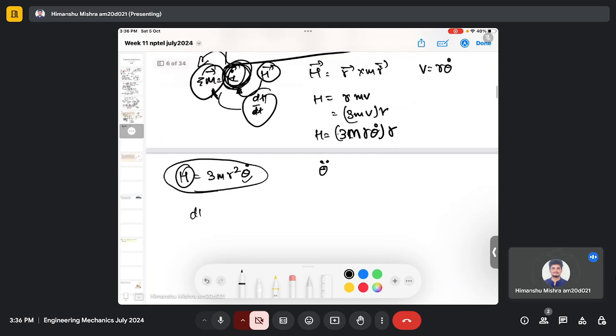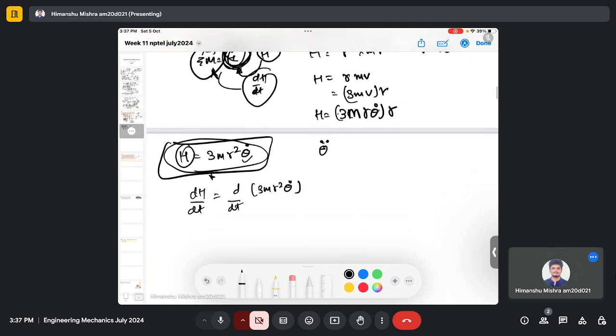So dh by dt equals d by dt of 3m r square theta dot, which gives 3m r square theta double dot.